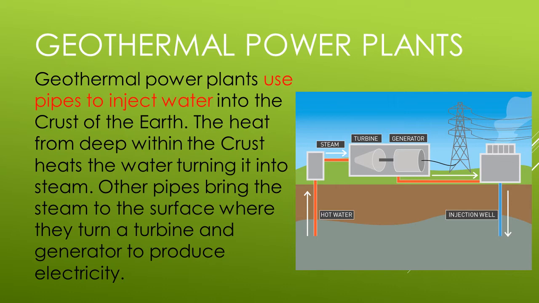And then that steam is going to cool back into water and be reused. So it's a cycle: being pushed down, heated up, brought back to the surface, generating electricity, and then re-injected.